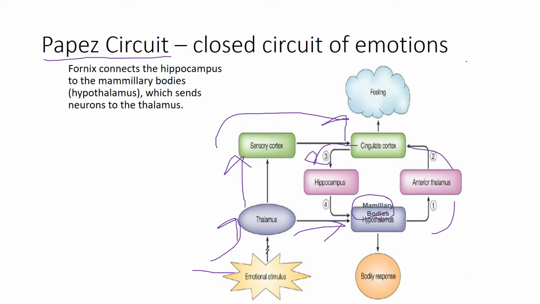From the hippocampus, they'll activate the hypothalamus to send out different hormones, and from there we'll have some type of bodily response. The hippocampus, again involved primarily in learning and memory, is where that whole circuit is complete, when this is activated here.